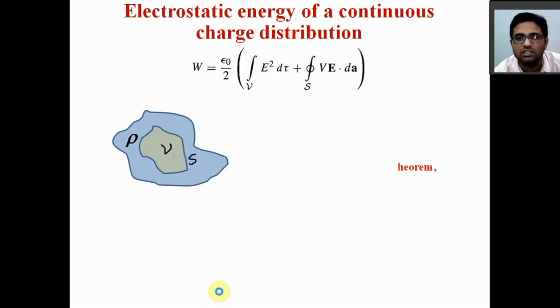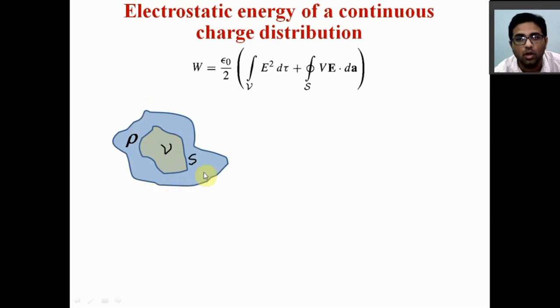So here this S is the surface which encloses the volume, this tilted V. Okay. Now from this form, it is clear that we should integrate over the region where the charge is located.